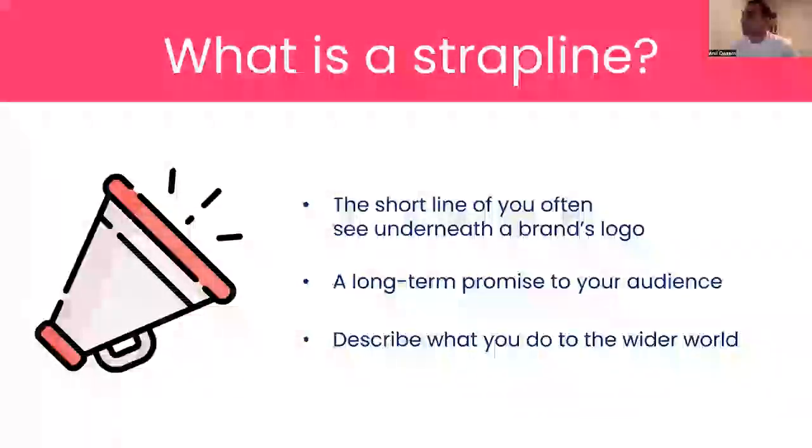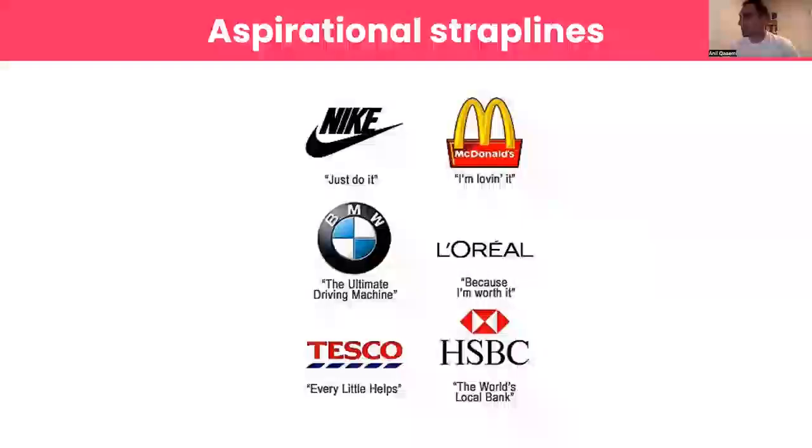We could look at some of the references here. You've probably seen all of these on a daily basis, and these are called aspirational straplines. As you may notice, these are all very big brands, complex organizations. They can articulate an ethos that unites all their various activities and can help position the brand in its marketplace.